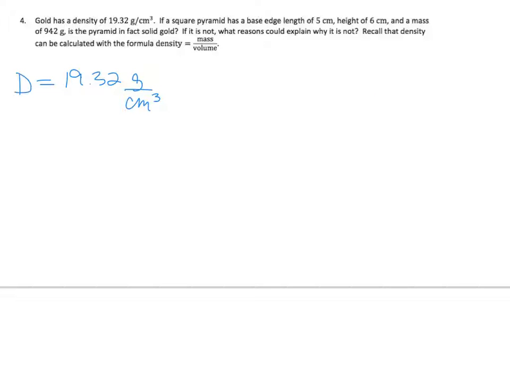If a square pyramid has a base edge length of 5, and it's square, that means all of them are, in my awesome pyramids, and a height of 6, and a mass of 942 grams. Is the pyramid, in fact, solid gold? If not, what reasons could explain why it is not?